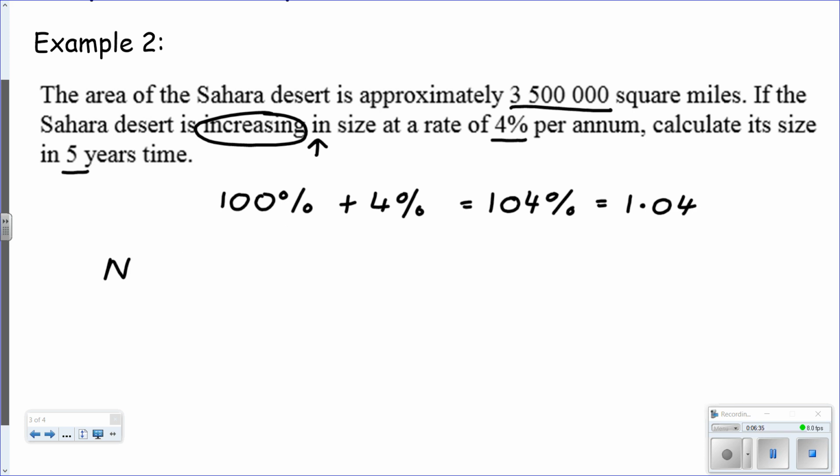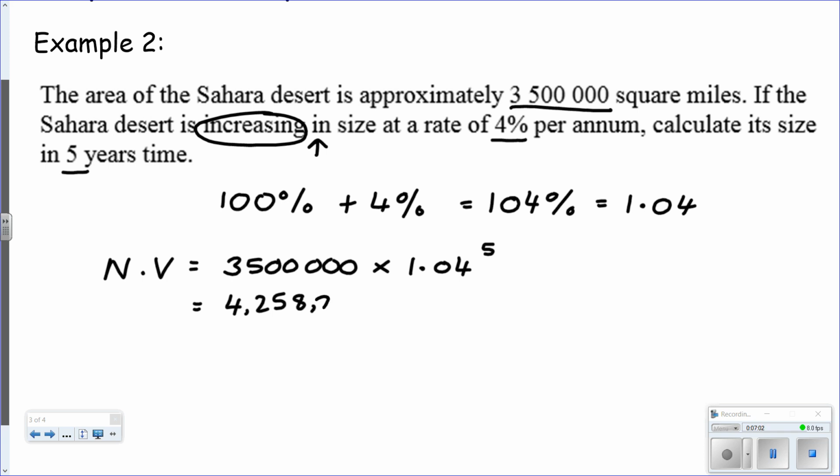So the new value, if we use a little formula, is the original value, 3.5 million, times this magic multiplier, 1.04, to the power of 5 years. This time that works out as 4,258,285.158, and that is square miles this time. And there's no specific rounding requirement, so I can just leave that as my final answer.